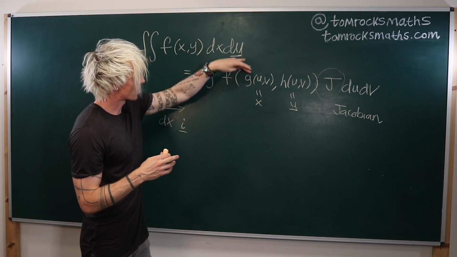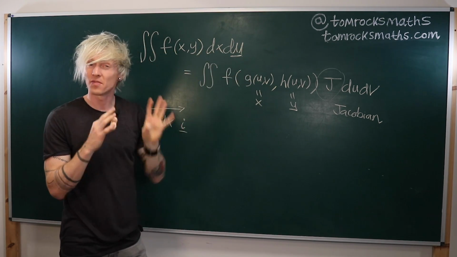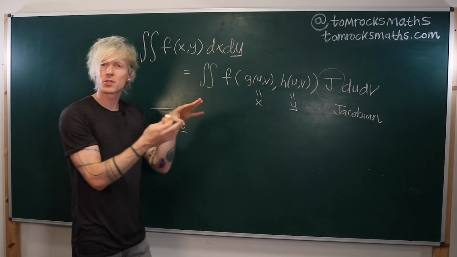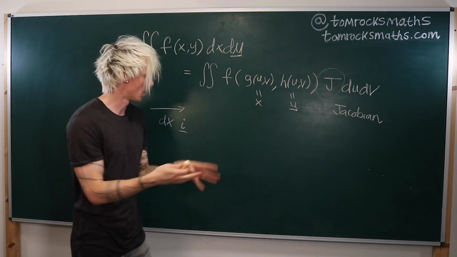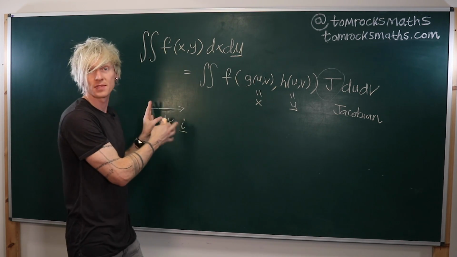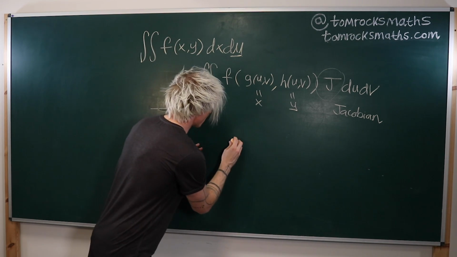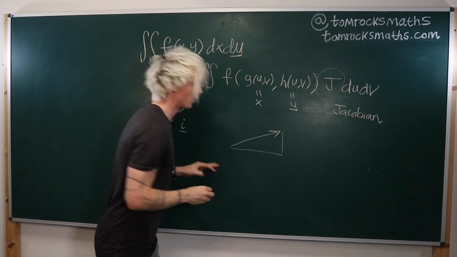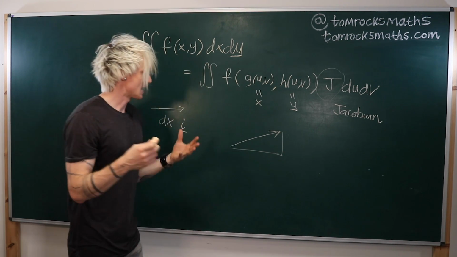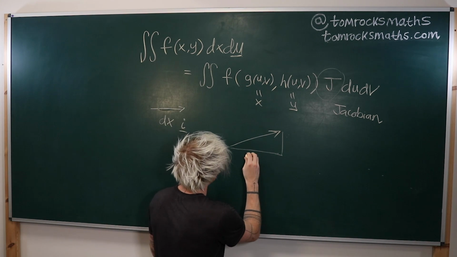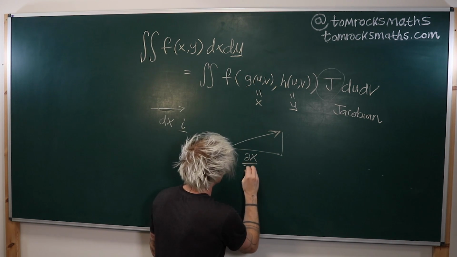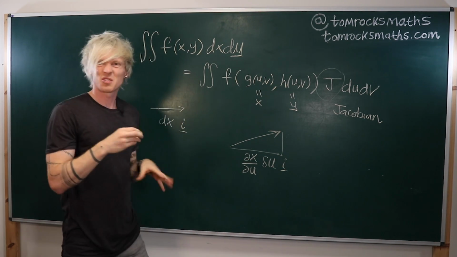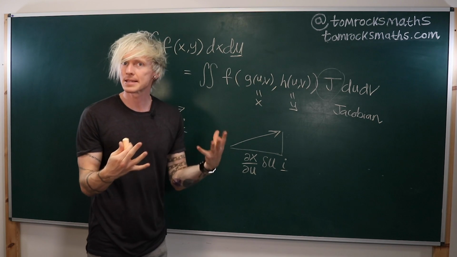Now, because x is a function of both u and v, what we actually have to think about here is that there could be both a horizontal and vertical component once we make the transformation of this original vector. So our new vector might look something like this, and we need to know this horizontal and this vertical component. Now, this component will be dx by du, and then we multiply by delta u, so that overall we're sort of left with just a dx component.